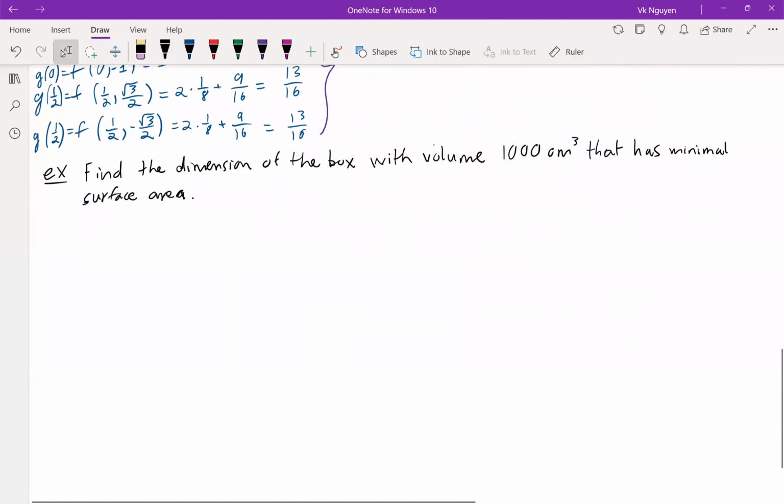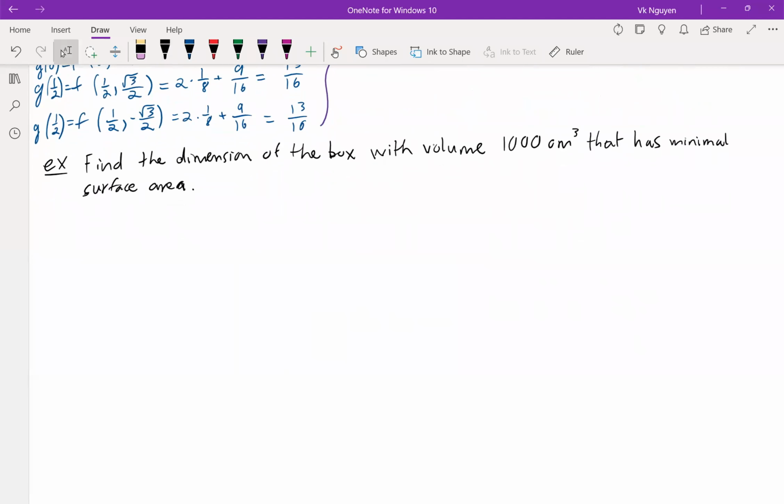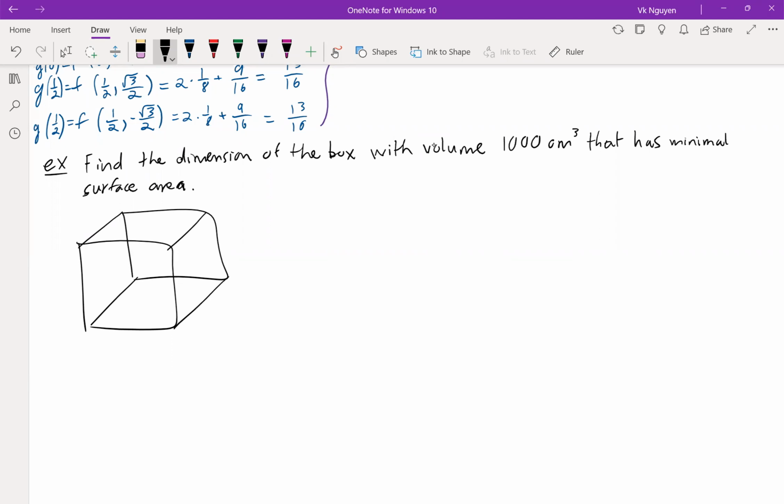Well, remember the box there is gonna be x, y, z. So when you draw the box, it's gonna be x, y, z.